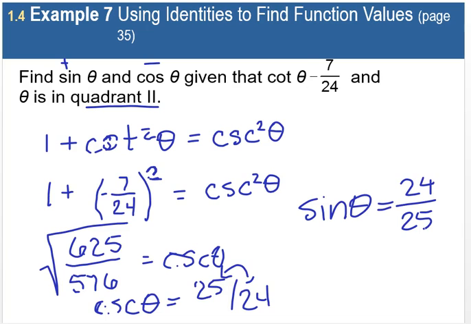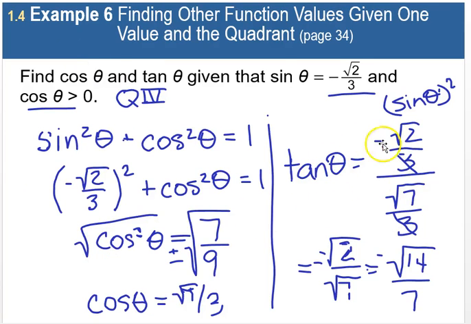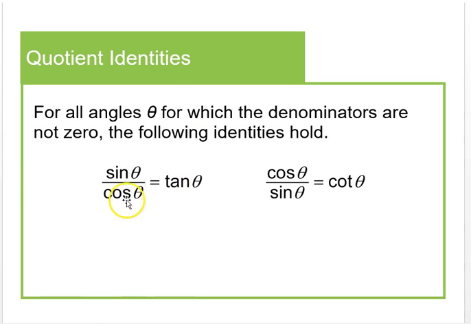Now, similar to how we found what tangent was equal to in this problem, we can find what our cosine is equal to. So we have cotangent, we have what sine is equal to. Let's figure out what cosine is equal to.